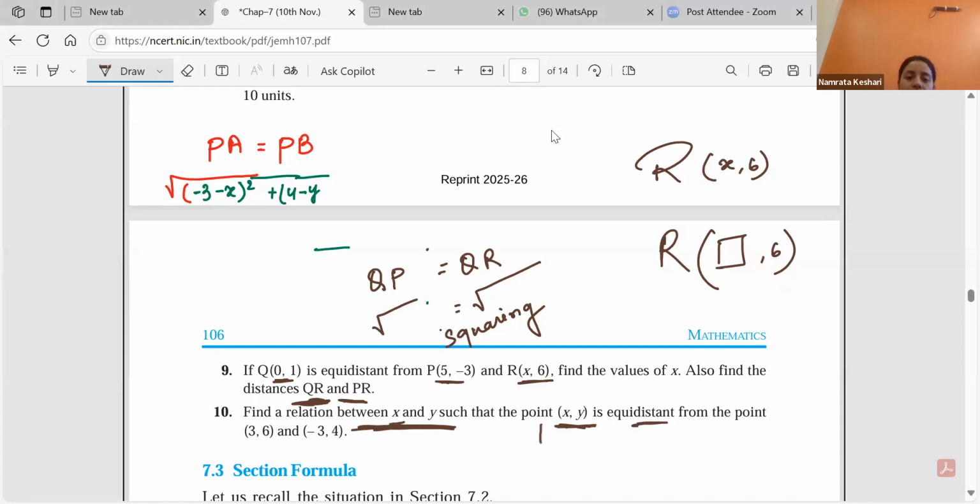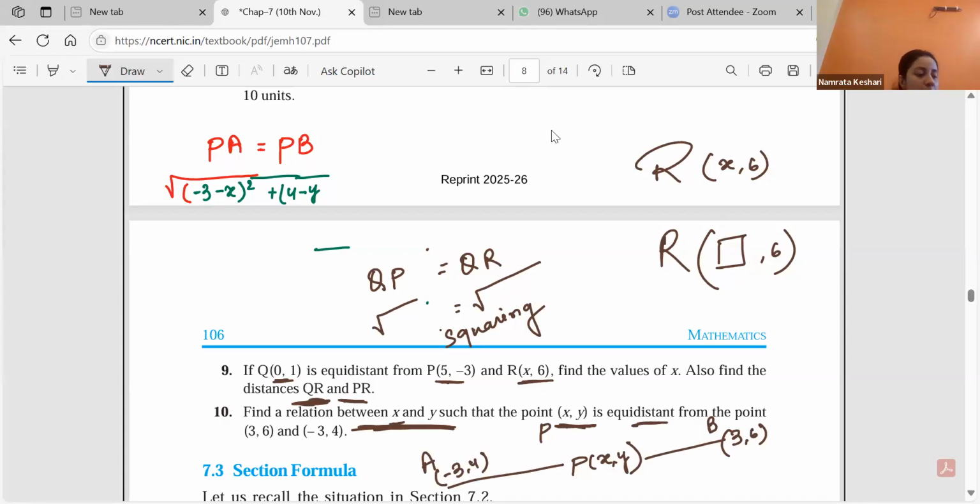There is a point P whose coordinate is x comma y, maintaining the same distance from 3 comma 6, and from minus 3 comma 4. If you call them A and B, then AP and PB are the same. That is given in the question.